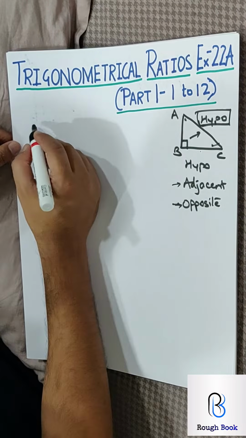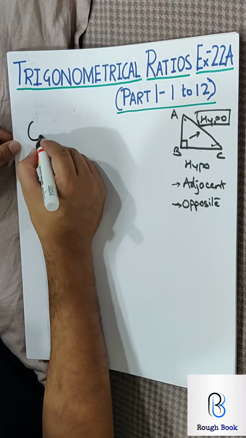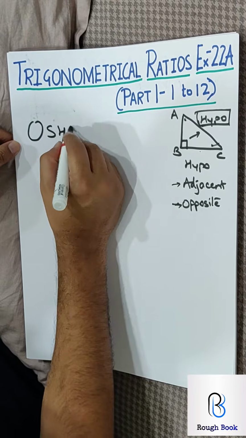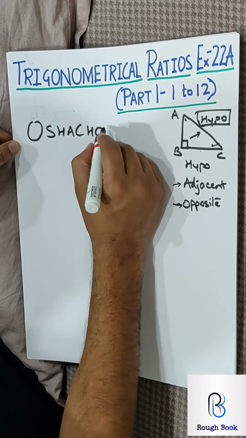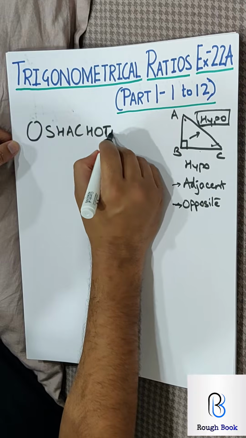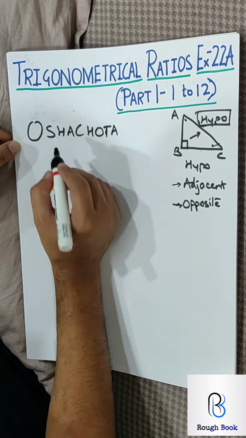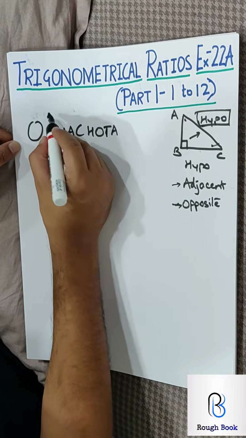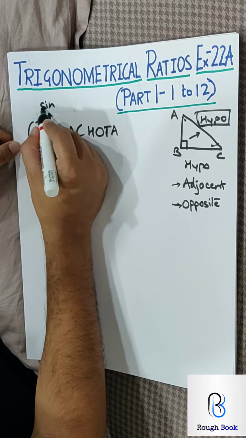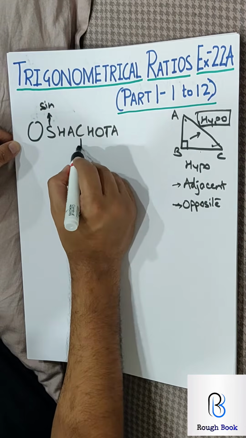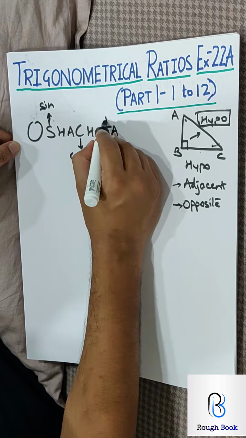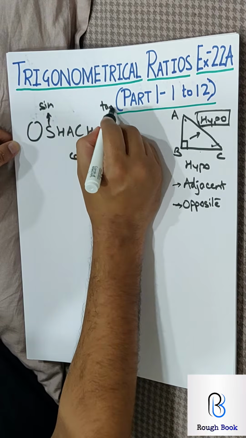Now one main term we are going to learn over here, Osha Chota. Here the alphabet S stands for sine, C stands for cos and T stands for tan.